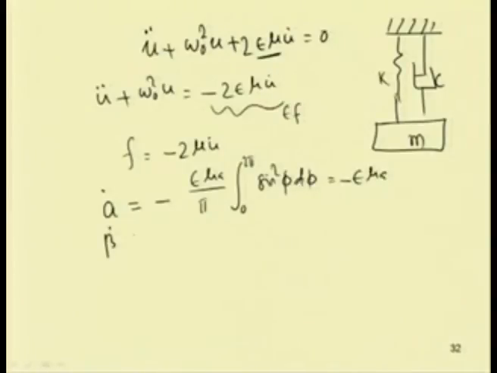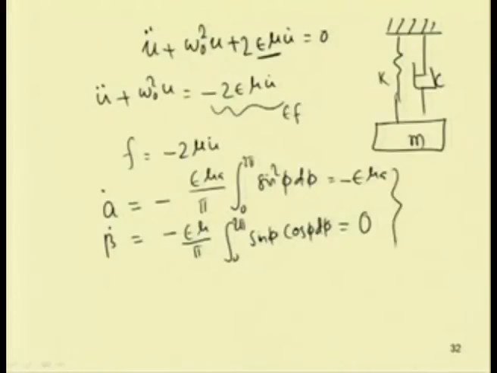Similarly, beta dot one can write equal to minus epsilon mu by pi integration 0 to 2 pi sin phi into cos phi d phi. So, this integration from 0 to 2 pi becomes 0.